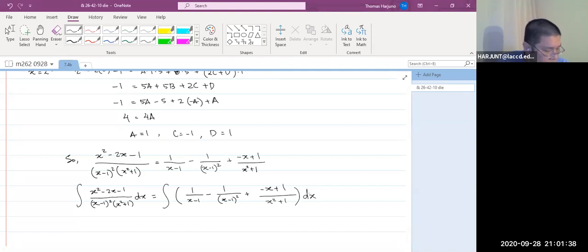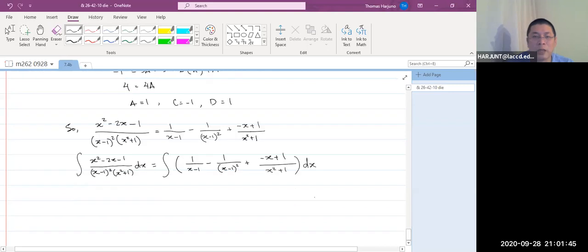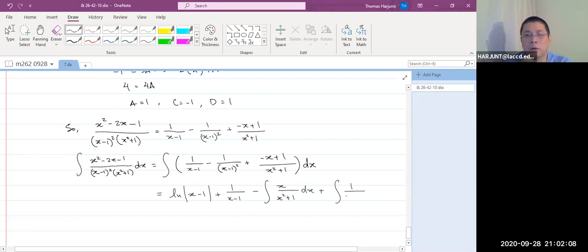Then this equals natural log of absolute x minus 1 plus 1 over x minus 1, minus the integral of x over x squared plus 1 dx plus the integral of 1 over x squared plus 1 dx.